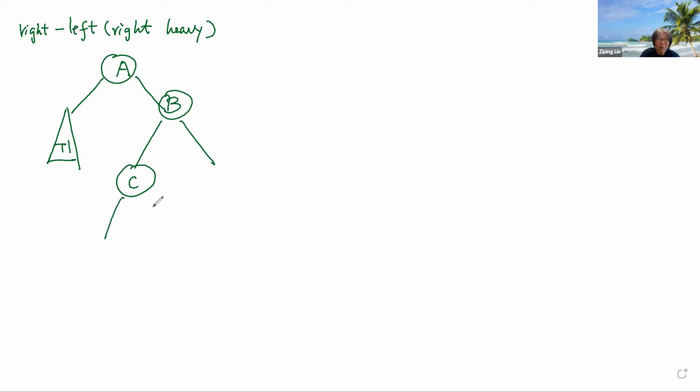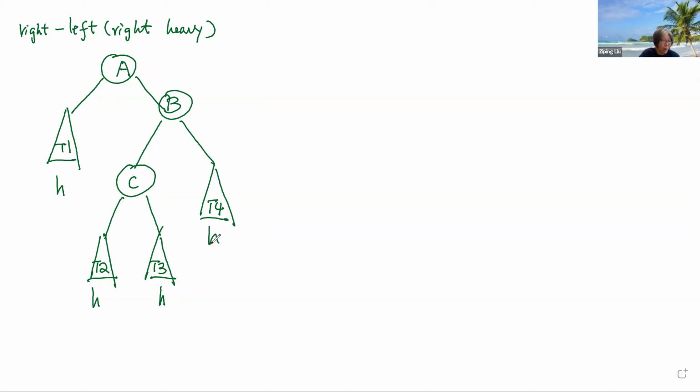Then we have two subtrees, T2 and T3, and another subtree T4. We have H, H, H, and over here H.